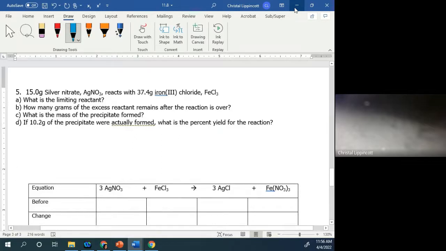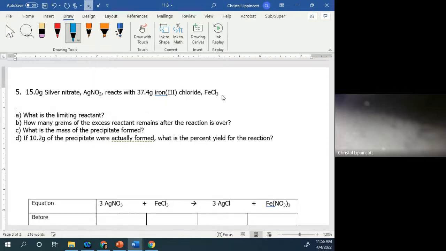So we need to figure out what the molar mass of silver nitrate is. So silver is 107.9. I have a nitrogen, which is 14, and I have 3 oxygens. 3 times 16 is 48.